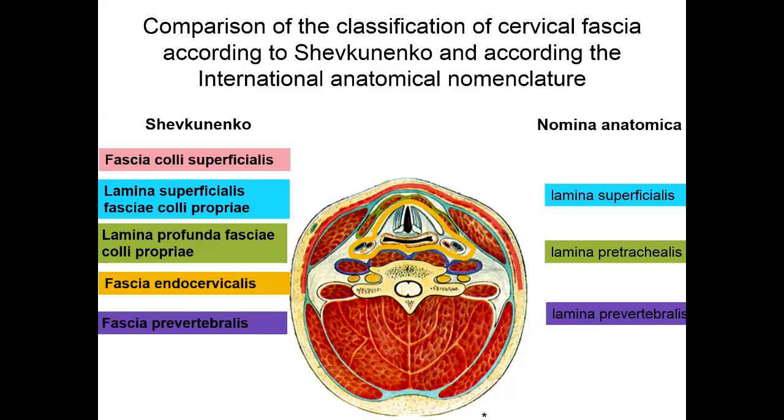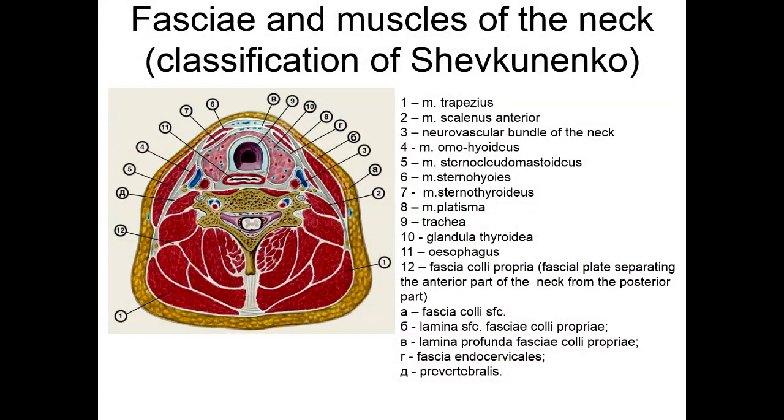And now again, I'd like to demonstrate the previous scheme and propose again to find here all the fasciae which are designated by letters from A to D in Russian here.